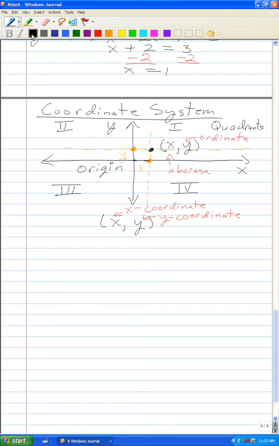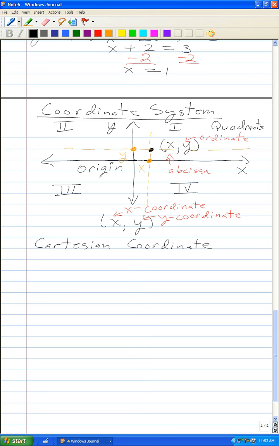So this is called a Cartesian coordinate system, named after Rene Descartes.